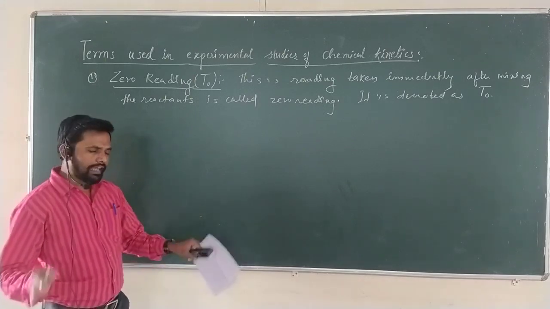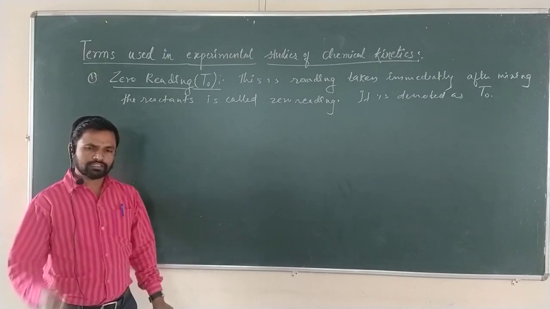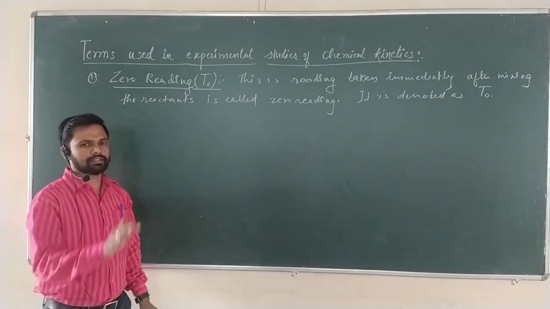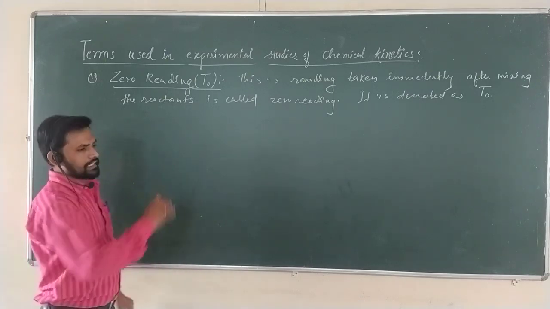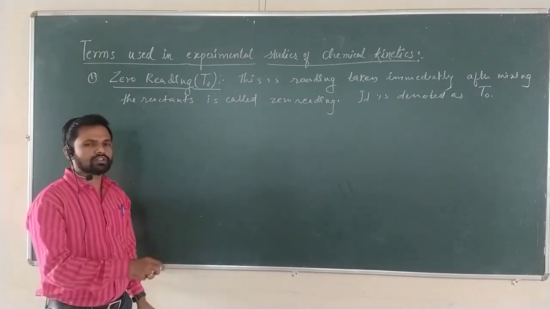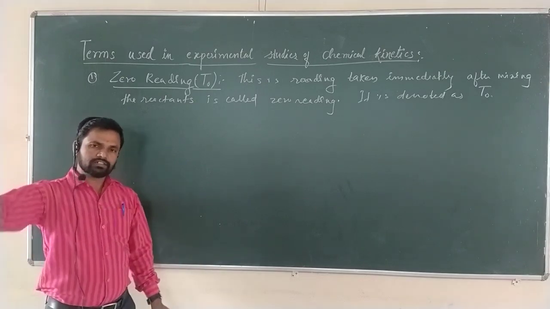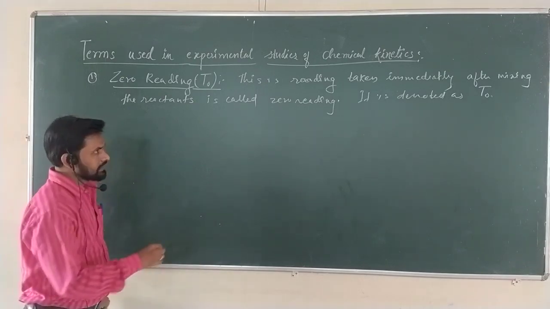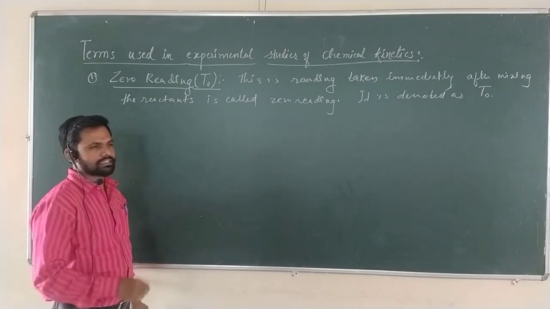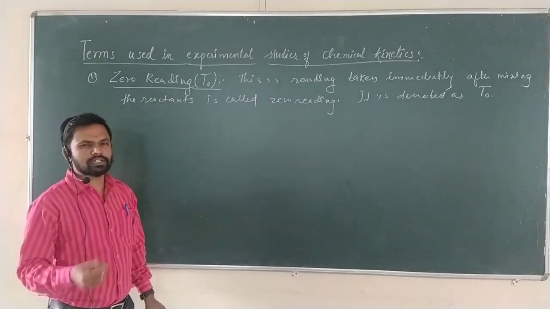Means what? For any chemical reaction under study of kinetics in the laboratory, by experimental or chemical methods, as soon as you mix both the reactants, suddenly some amount is pipetted out and titrated against a particular titrant. The reading taken immediately at t equal to 0, that is zero time.